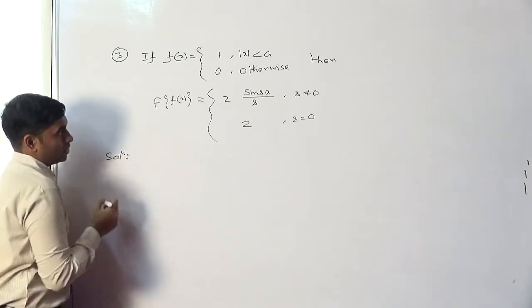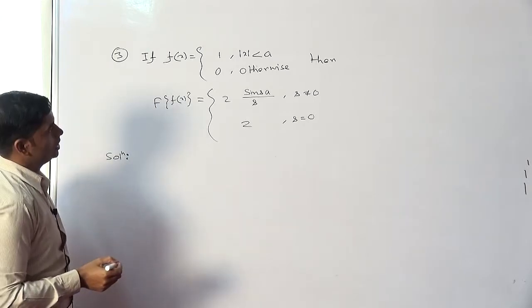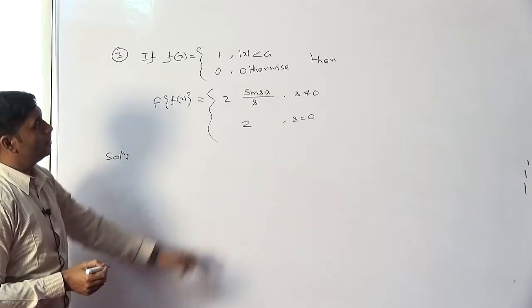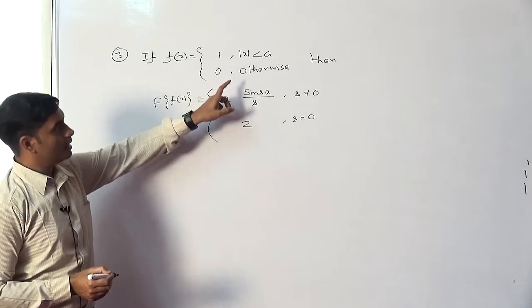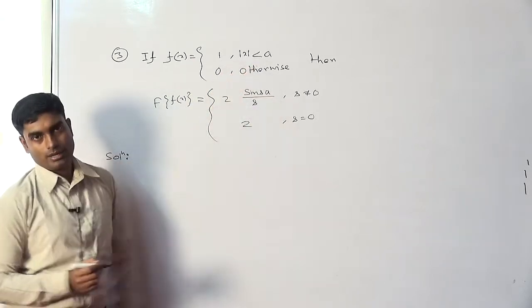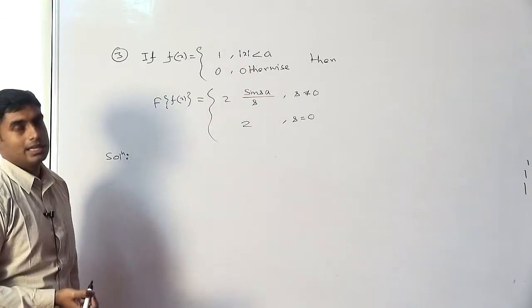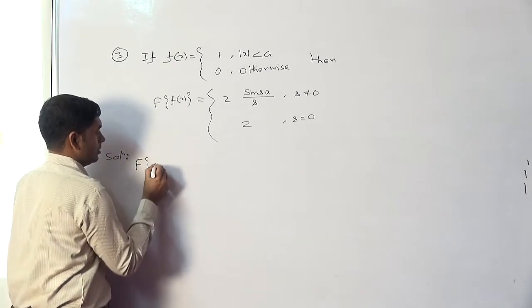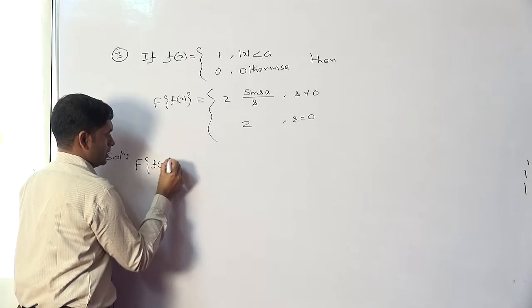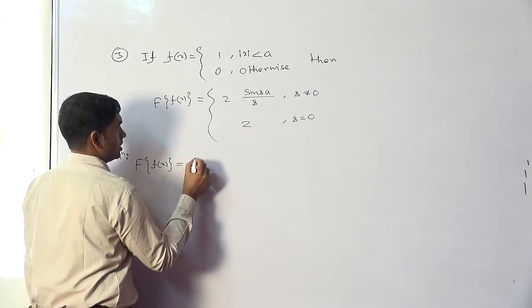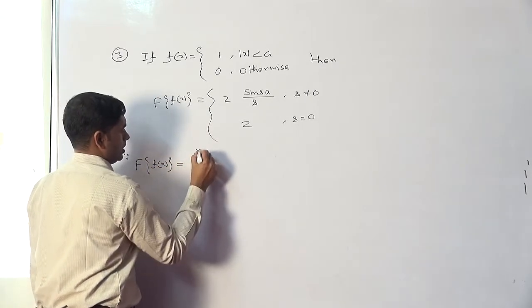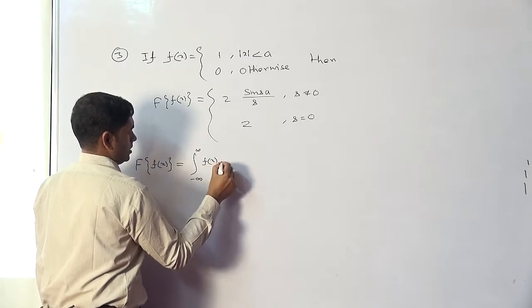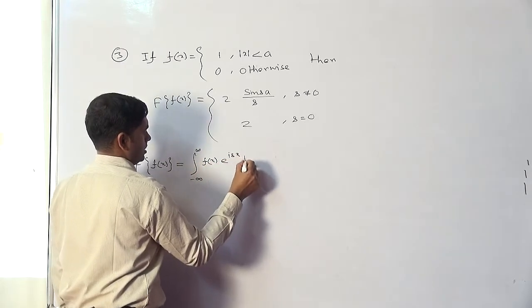So a similar sort of result we have proved, in which case we had taken a as 1. Now this is the general case. So let's find this integration. F of s is the integration from minus infinity to infinity of f(x) e to the power isx dx.